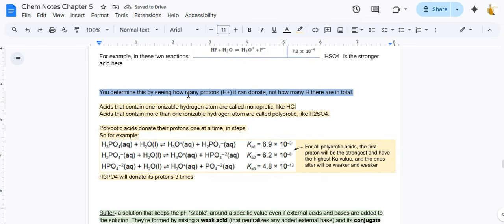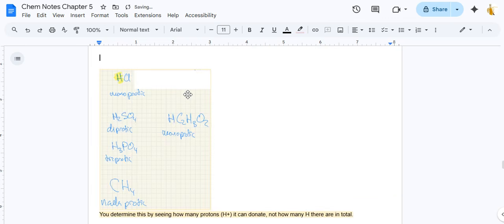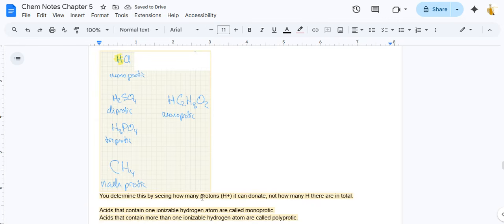And you determine this by seeing how many protons it can donate, not how much H there is in total. So for this, for example, it's monoprotic because it can only donate one H. And it can't donate these three H's.